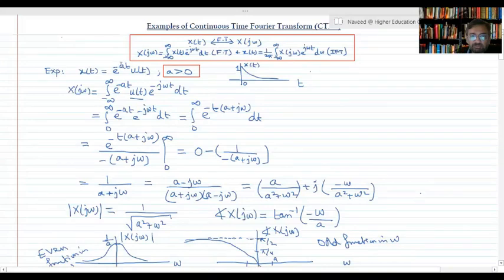If the values of a can be negative, then when we compute this integral at t equal to infinity, because one negative sign will be contributed by this negative a, the value becomes infinity and this integral simply does not exist. It just blows up. Why does this happen? Because x(t), when a is less than 0, is not absolutely integrable.